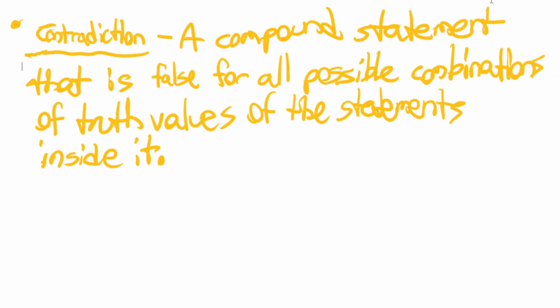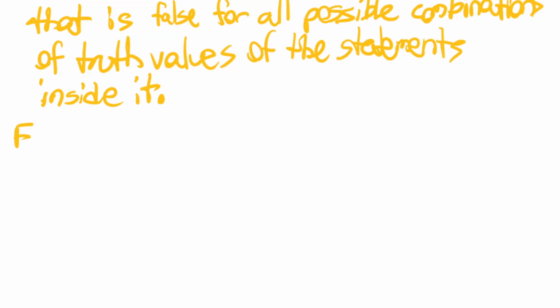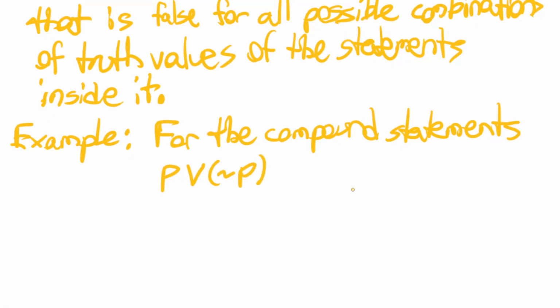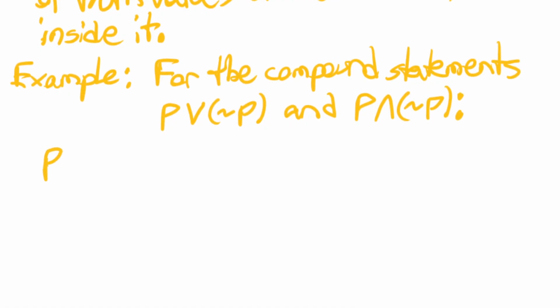So let's take a look at an example of this. For the compound statement P disjunction not P and P conjunction not P, we'll construct a truth table.